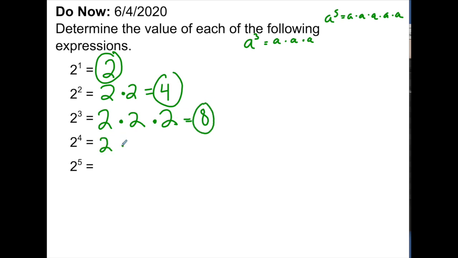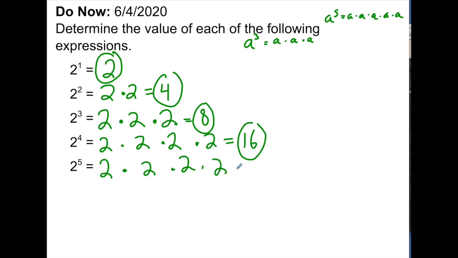This one is 2 times 2 times 2 times 2. So it's 16. And we've got 1, 2, 3, 4, 5.